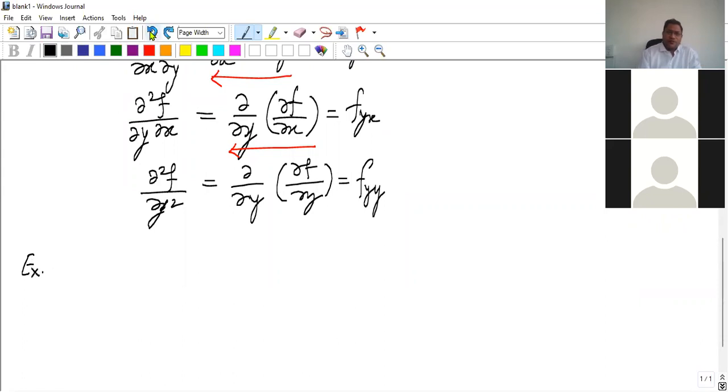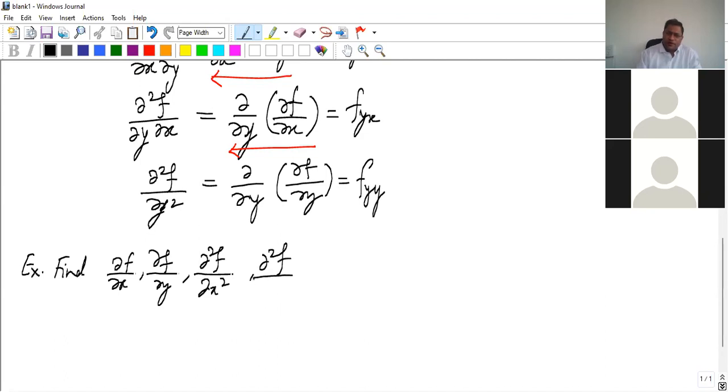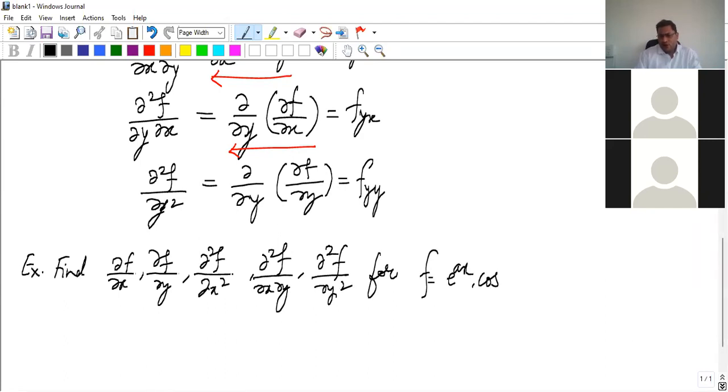Find ∂f/∂x, ∂f/∂y, ∂²f/∂x², ∂²f/∂x∂y, ∂²f/∂y², where f = e^x cos y.